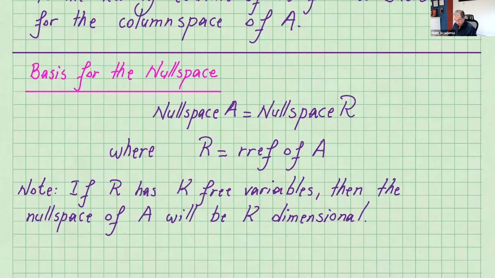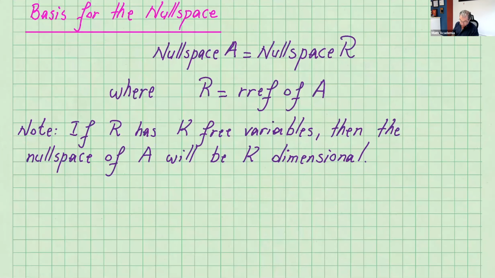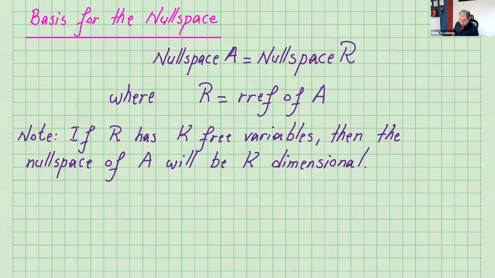Basis for the null space. We already did that, but the null space of A is the same as the null space of its RREF. Again, I call R the RREF of A to remind you all the time. This is very important.